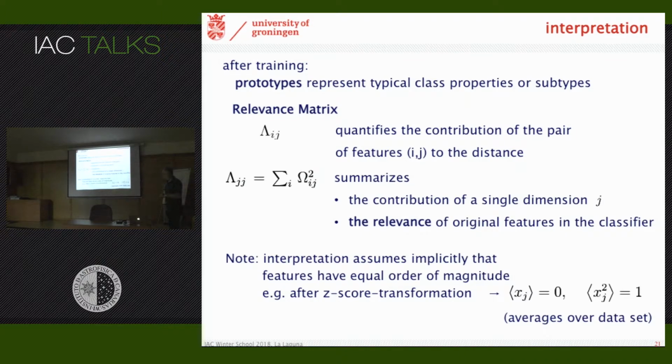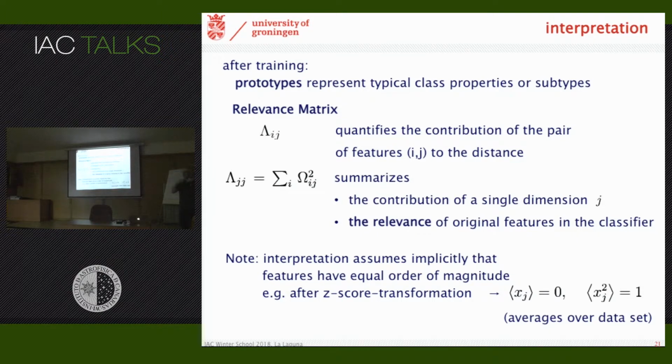Now, this interpretation saying that large lambda jj means the feature is important and small lambda jj means it's not important implicitly relies on the idea that the original features all have the same magnitude, right? If you have a feature that ranges from minus 1,000 to plus 1,000 and another feature that ranges from minus 0.1 to plus 0.1, then you cannot immediately interpret the prefactors as relevance, right?